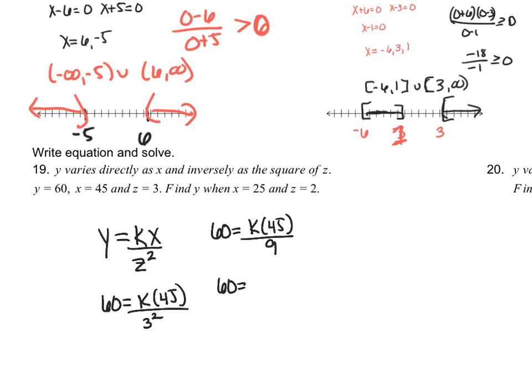So 60 equals 5k. So k is going to be 12. So now I'm going to plug that 12 in. So find y. So y equals 12 when x is 25 and z is 2. So y equals 75.